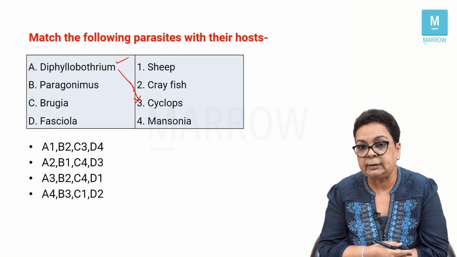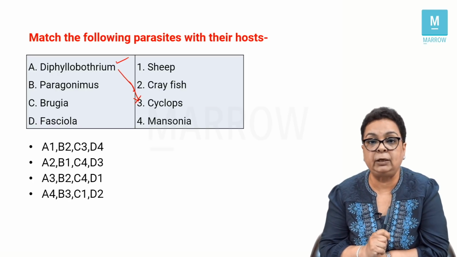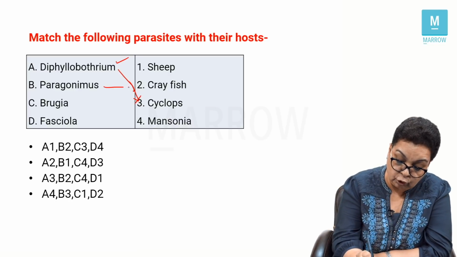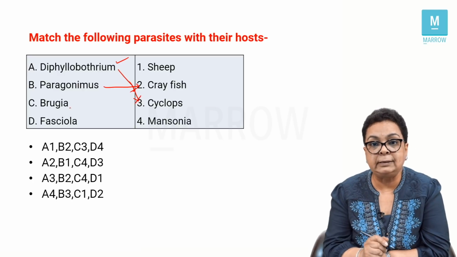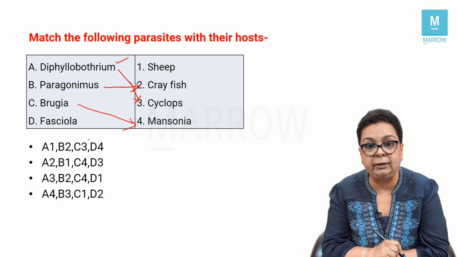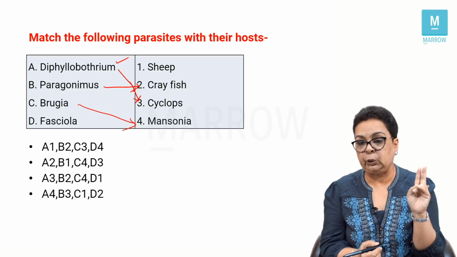Paragonimus, the oriental lung fluke, has 2 intermediate hosts. The first one is snail. The second one is crabs or crayfish. So Paragonimus goes to crayfish. Brugia, the vector is Mansonia. And Fasciola hepatica and gigantica, the sheep liver and the giant liver flukes, have 2 intermediate hosts.